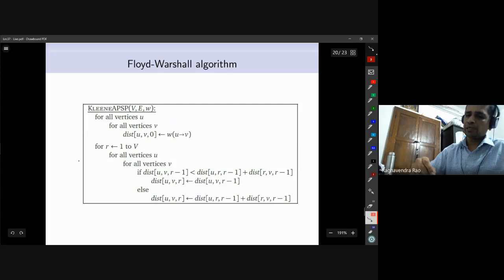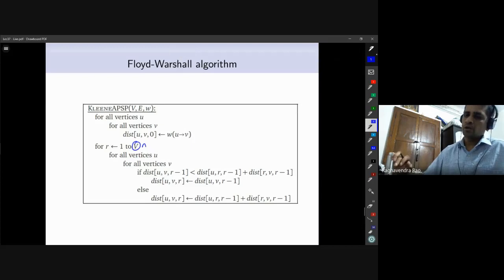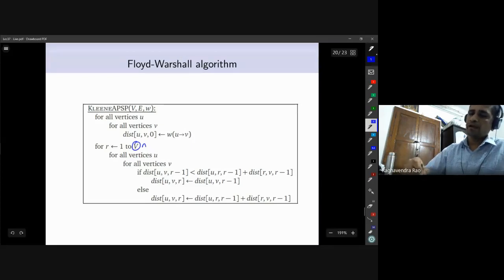Then you increment r from 1 to n. I just took this from the book, so they use v, but this should be n here. Now for every pair of vertices u and v, you compute distance uvr, that is pi uvr, using the previous recursive formulation.